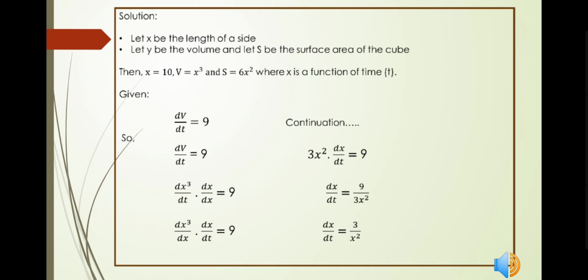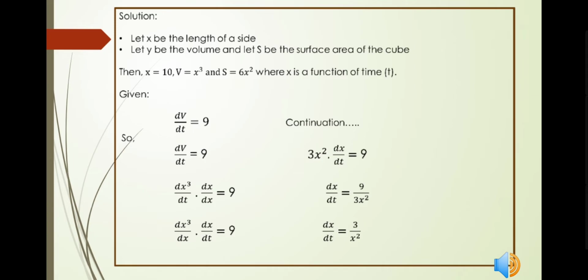So, to get the rate of volume, we need to differentiate both sides. dv over dt equals 9, then let's substitute the value of v, which is x cubed. So, d of x cubed over dt times dx over dx equals 9. Then we change the denominator, so we can now have d of x cubed over dx times dx over dt equals 9.